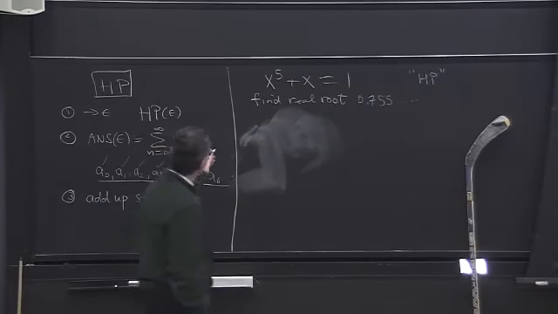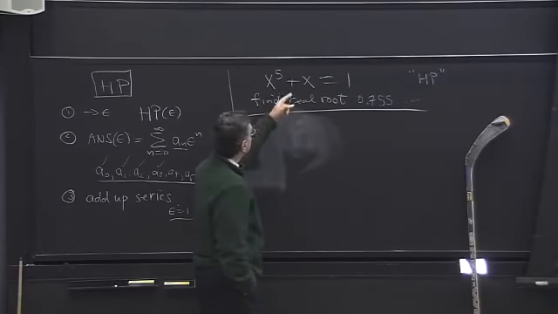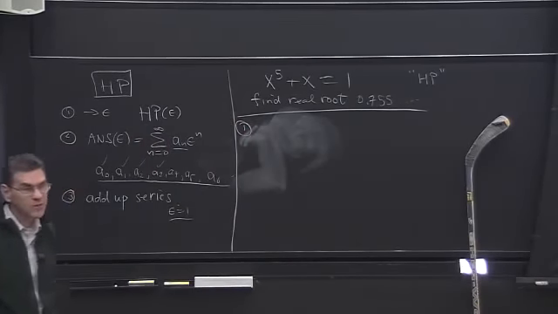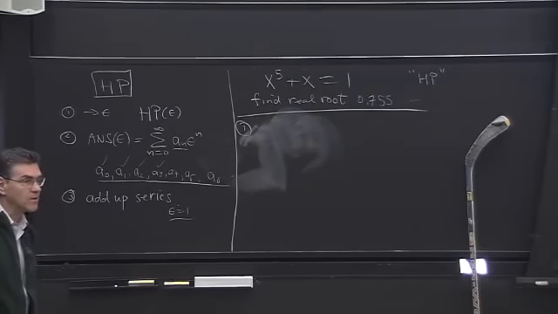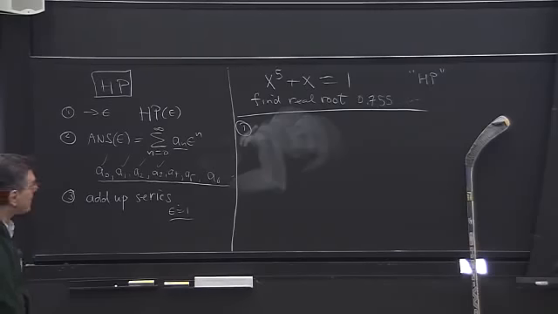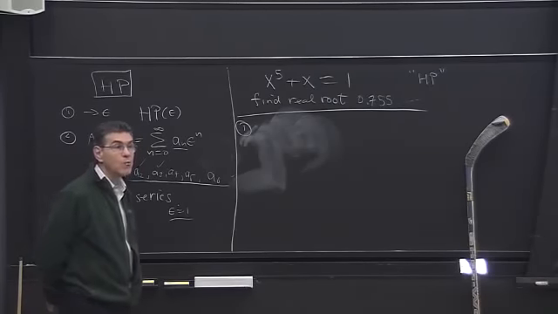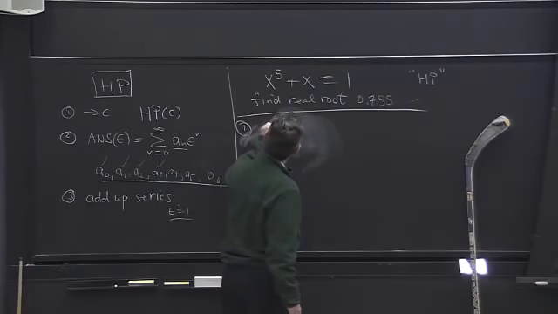Let's try to use perturbation theory. So step 1, we have to insert an epsilon. Now this requires a lot of art and a lot of cleverness because there are lots of places where I can put an epsilon. Okay? There are many possible places to put in an epsilon. Let's take one possibility. Let's put it over here.